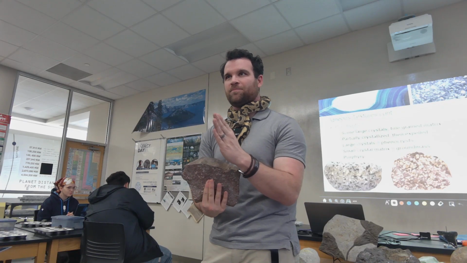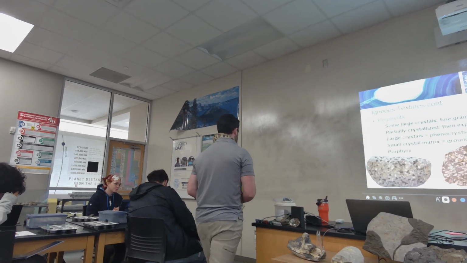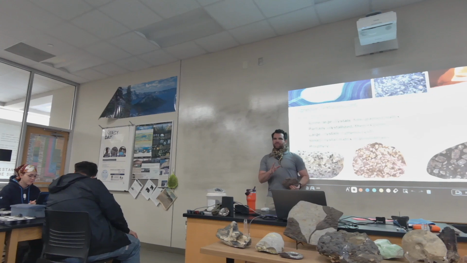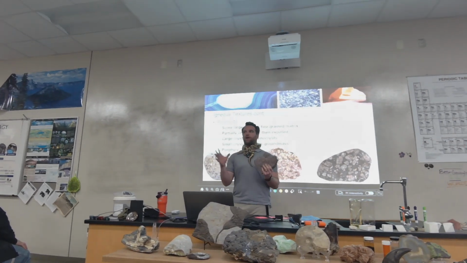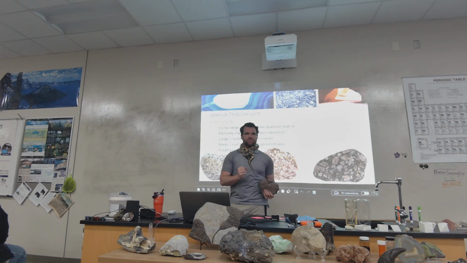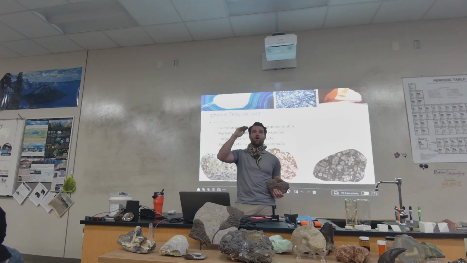You following me? Now, there's one other way that this can happen, which is more along the lines of what you two were talking about here. What if the opposite thing happened? What if I have a rock with large crystals, like a granite, that I start to melt, and mostly melt, but not all of the crystals melt. I don't quite reach the melting point for all of the crystals.